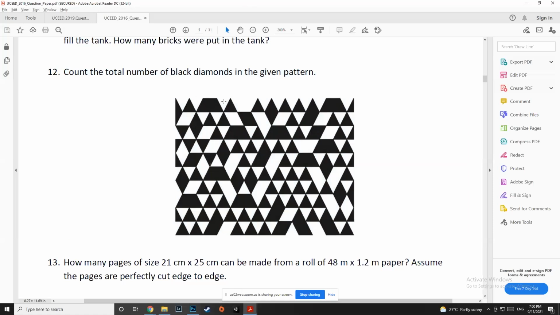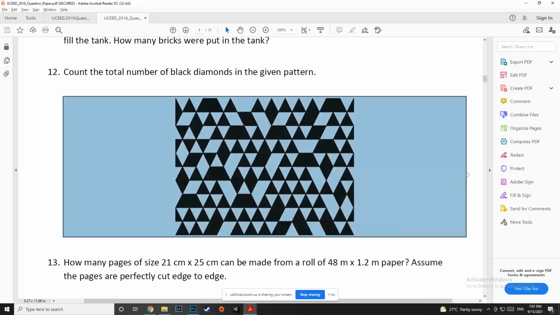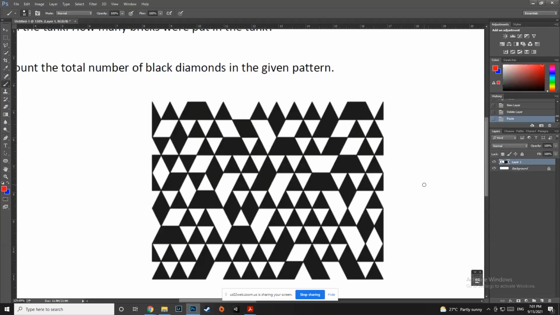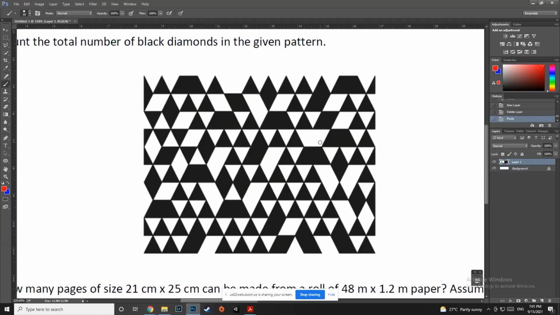You have to count, like this is a black diamond, right? So 1, then 2, 3, like 4, right? 5, 6, 7, 8. How many are there? Can somebody tell me? I'll just paste it here. Tell me how many black diamonds are there?